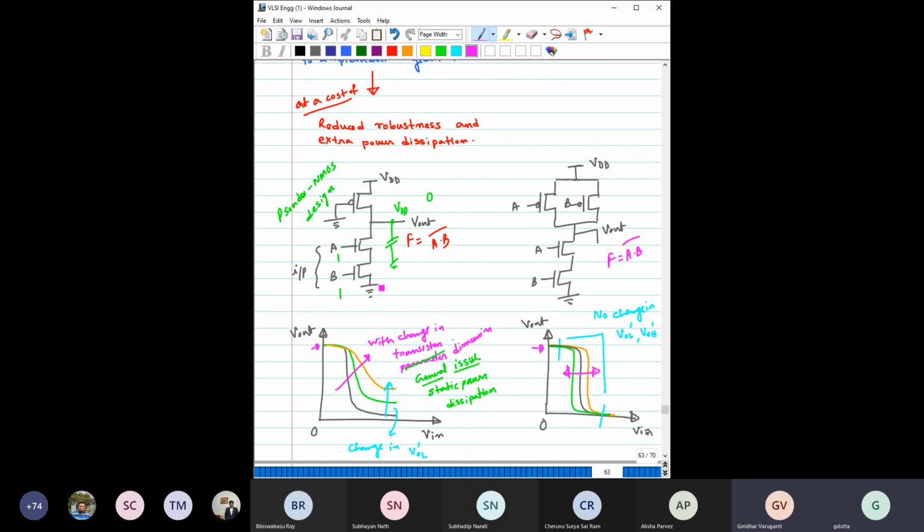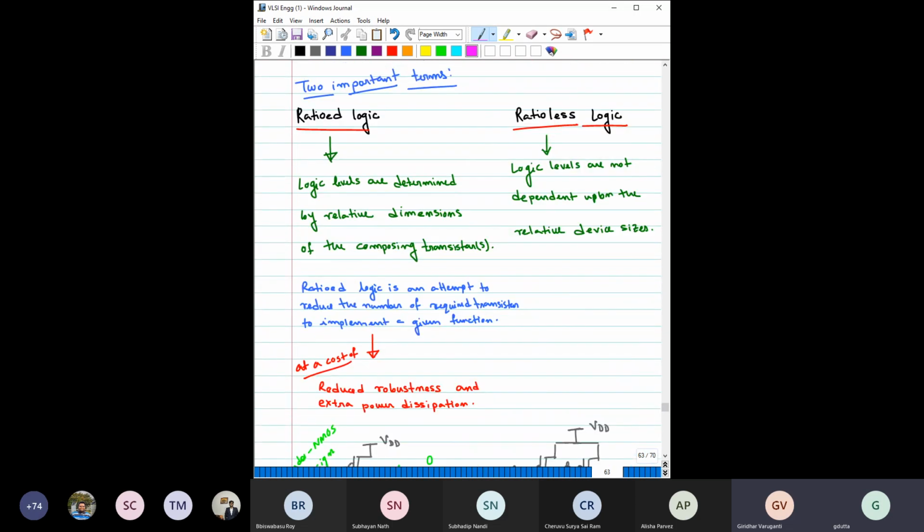But this type of design, where the output voltage does depend on the ratio of the PMOS width and NMOS width, is called ratioed design. So why then do we need to construct ratioed logic?